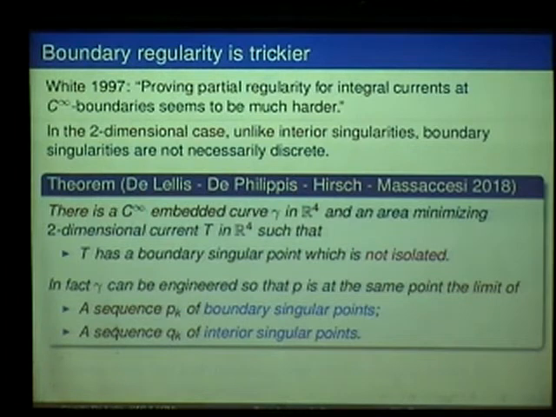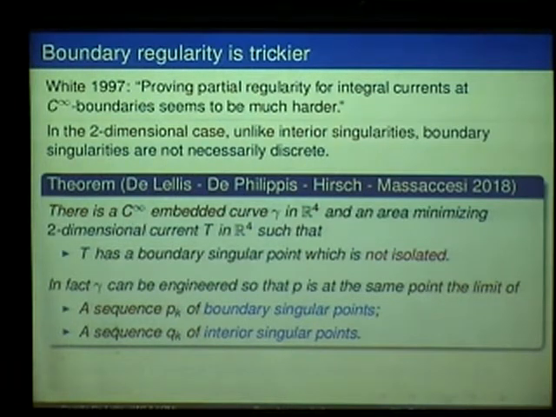Now, notice that I'm saying C infinity here. It seems really, really likely that this is false for real analytic, in particular because the point at which we have the accumulation of singularities is a branching point. So a posteriori, the example that we have as a minimizer is a disk. Certainly, White's theorem is telling you we cannot engineer this example and improve from C infinity to real analytic.